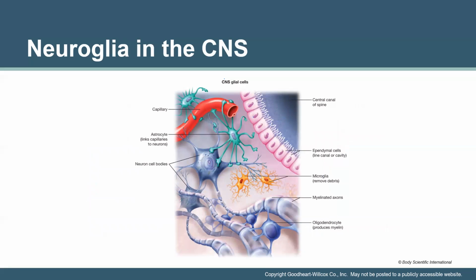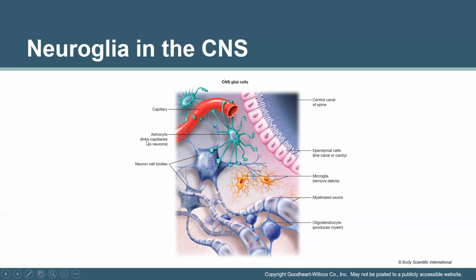The neuroglia, also known as glial cells, are specialized cells that are for support functions. I mentioned these like two slides up. These are really relevant within the central nervous system, and it's going to be slightly different between the CNS and PNS. Within the central nervous system, we're going to find cells that are called astrocytes.